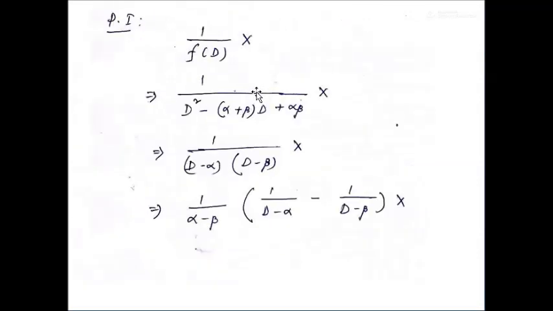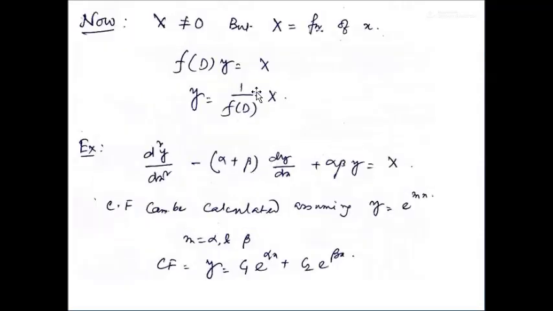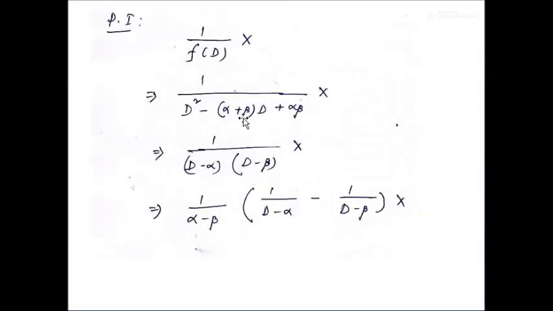Now if it is in this form, then D squared minus (alpha plus beta) D plus alpha beta equal to X. So in this case 1 by (D squared minus (alpha plus beta) D plus alpha beta) into X will be the particular integral.